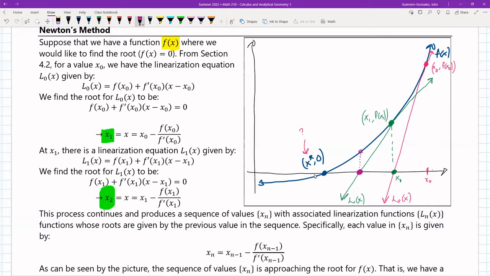Therefore, x2, comma, f of x2 has a value there. And again, there's a tangent line approximation there. It goes through here. I'm going to call this one L3 of x.